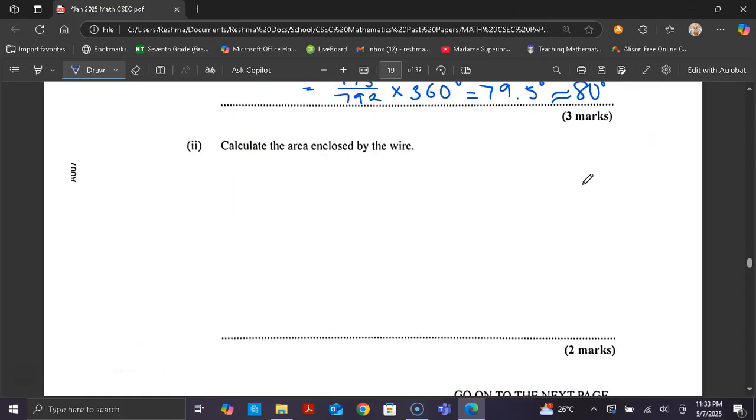For 2 marks, calculate the area enclosed by the wire. So now that we know the angle in the sector, the area of a sector would be theta over 360 by pi r squared, just the area of the circle.